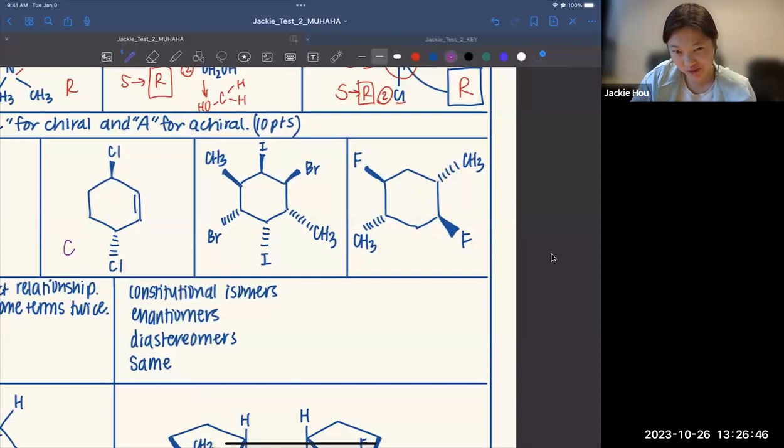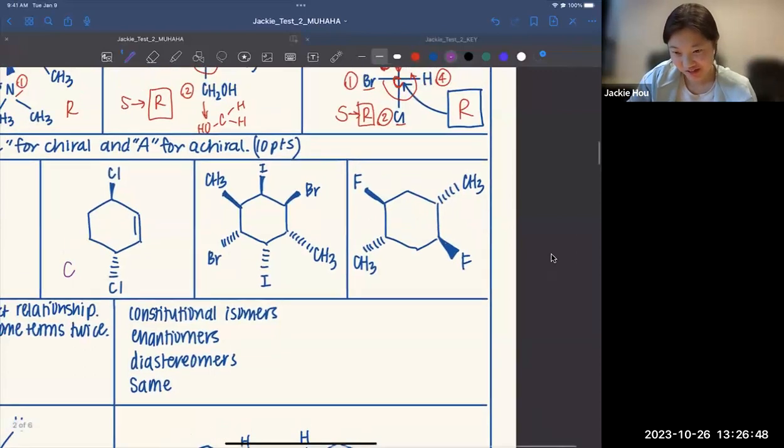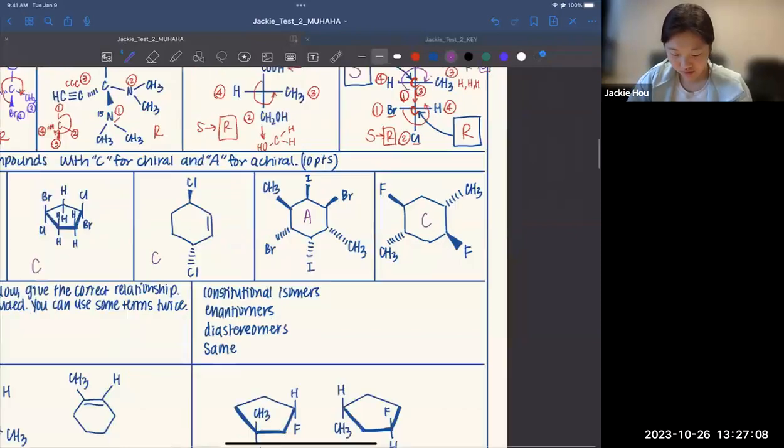Unless, do you guys want me to go over this one too? Okay, I think it's very similar to the ones I talked about before, so you can just take a look at that one again. And then also this one was the exact same that I went over. So let's move on.